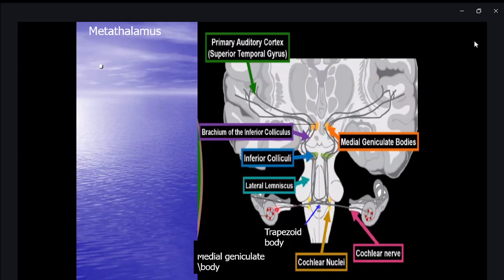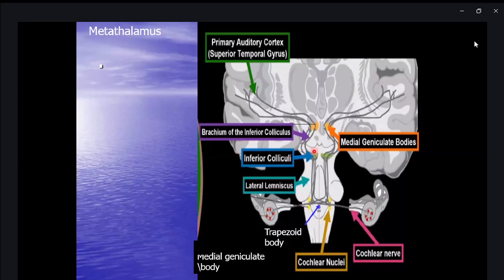Just to recap, the cochlear nerve enters the cochlear nucleus within the pons, and then from the cochlear nucleus, fibers cross over, they decussate. After decussating, they form the lateral lemniscus.